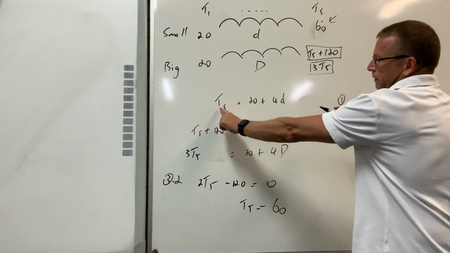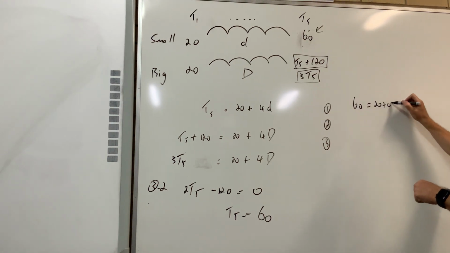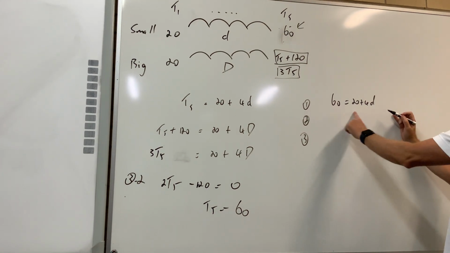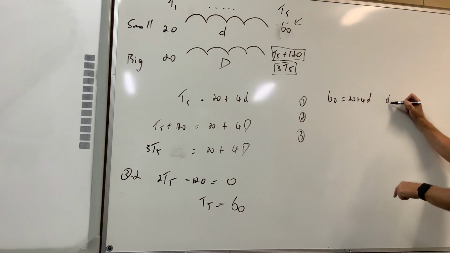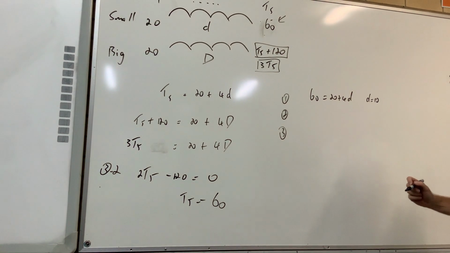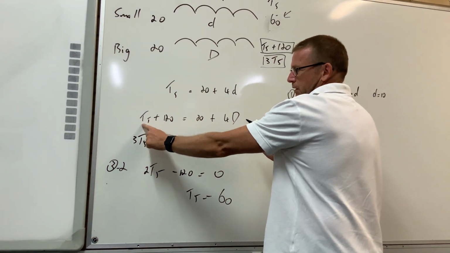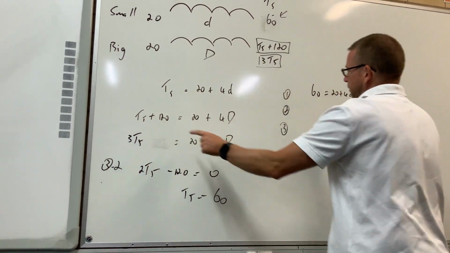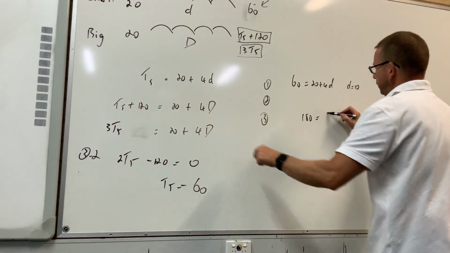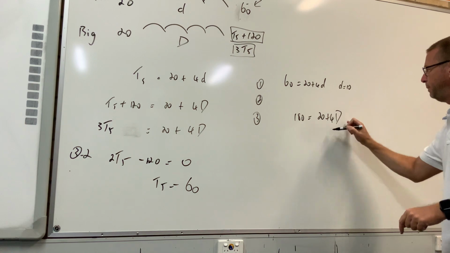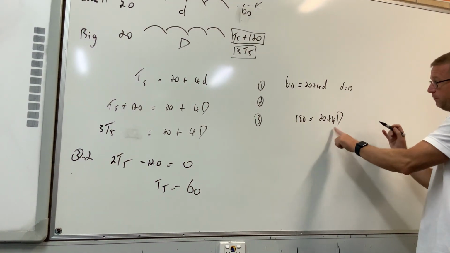If I know that's 60, subtract 20, divide by 4, d is 10. And if I come down here, I know that's 60, so together it equals 20 plus 4 big D, subtract 20, divide by 4.